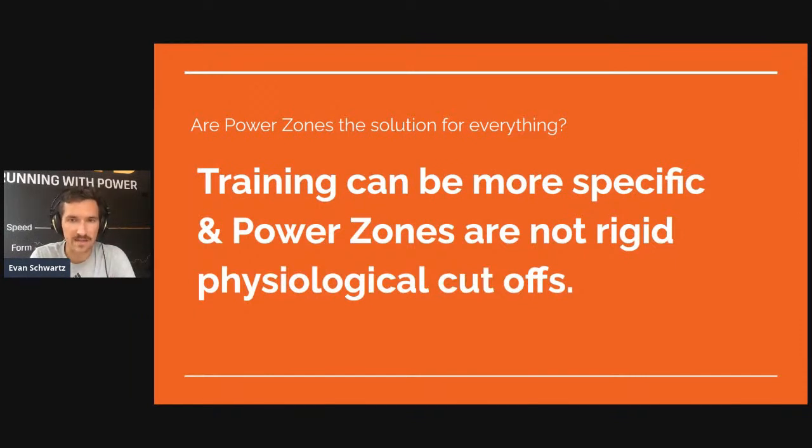If you go from one power number to the very next watt and you happen to transition from zone 2 to zone 3, it's not a magical cutoff. It's just a good range and a good guide to keep things relative and always keep that relative intensity as your fitness changes over time.